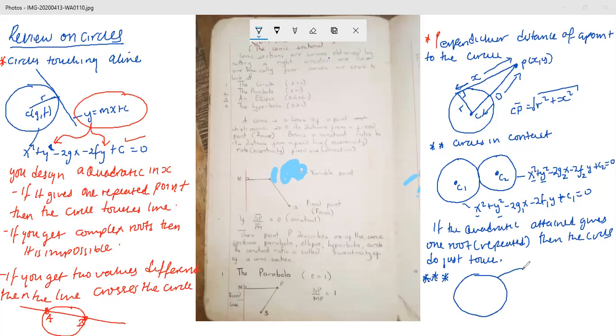If they are to intersect, then they are going to have what we call a common chord. There is this chord which is going to arise here.